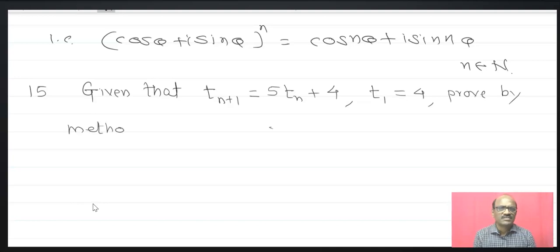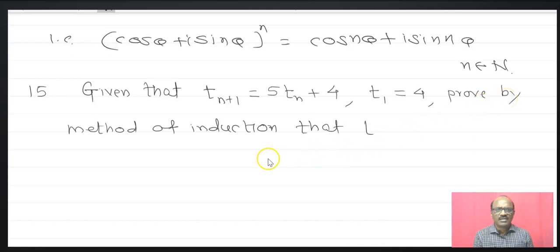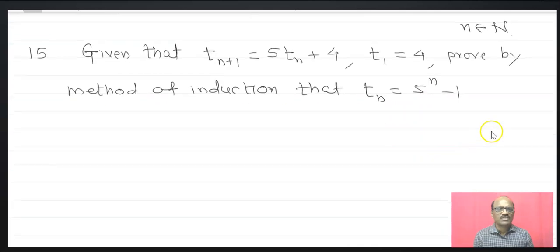What is given? We have given that t(n plus 1) is equal to 5 tn plus 4, t1 is 4. Prove by the method of induction that tn is equal to 5 raised to n minus 1. Now we have been given this and we want to prove this.